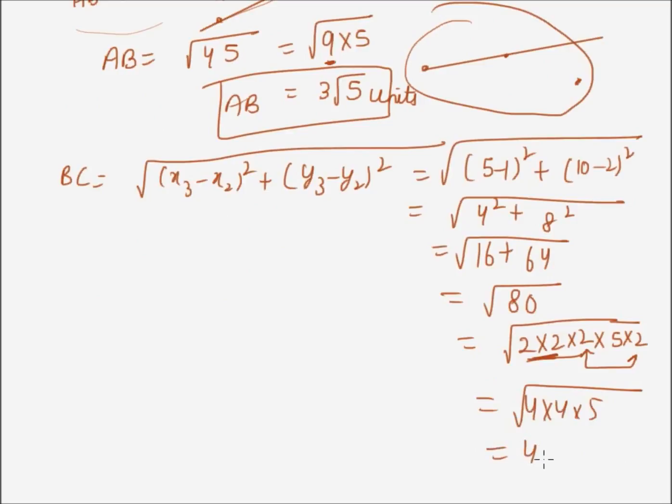Thus 4 can be brought outside the under root. Thus we have BC as 4 root 5, whereas AB was 3 root 5.